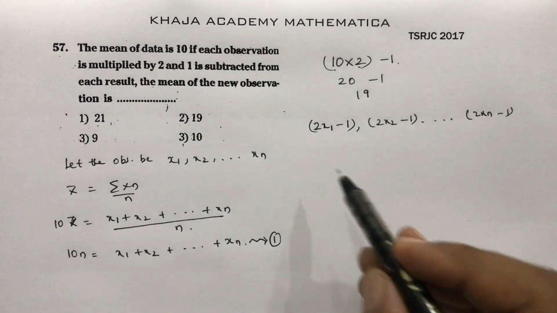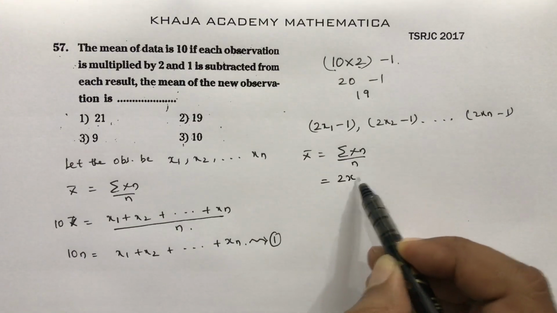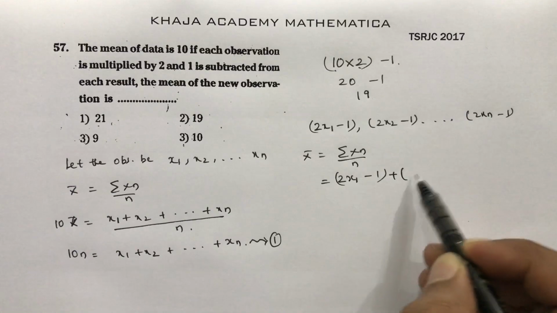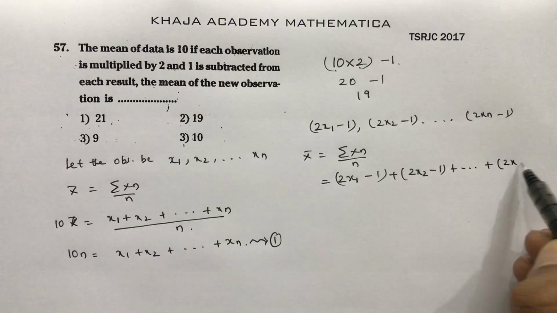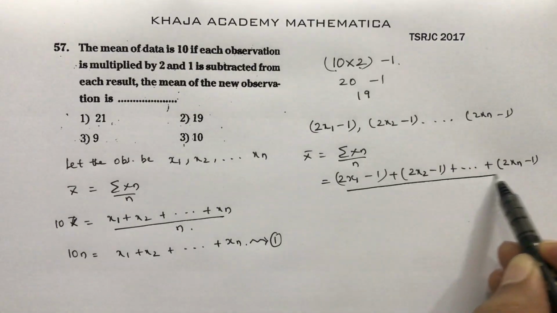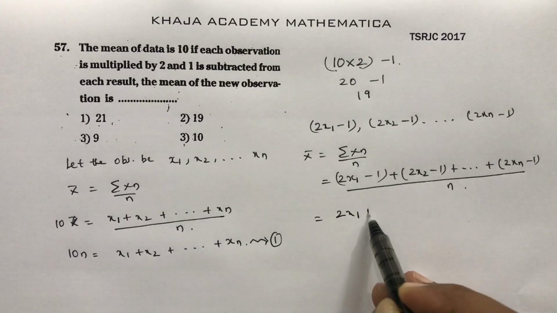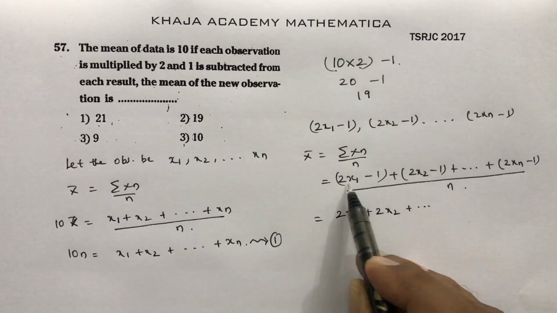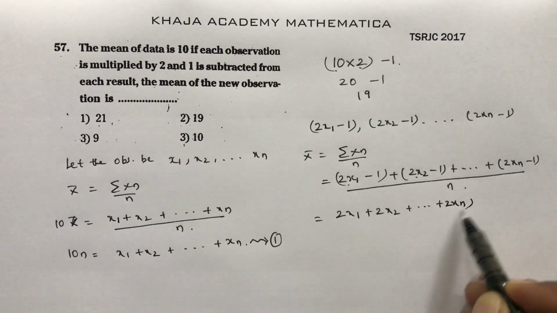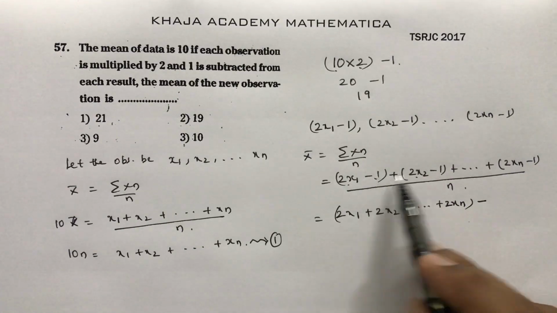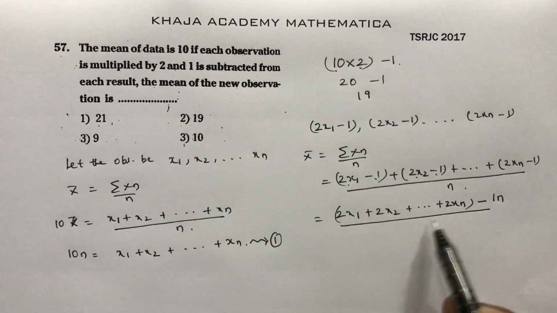Now if I calculate the mean for this, the mean is the sum of the observations by the number of observations: (2x1 minus 1 plus 2x2 minus 1 plus so on 2xn minus 1) by n. I'll write 2x1, 2x2, 2x3, so on 2xn together, and minus 1 minus 1 minus 1, n times because there are n observations, by n.